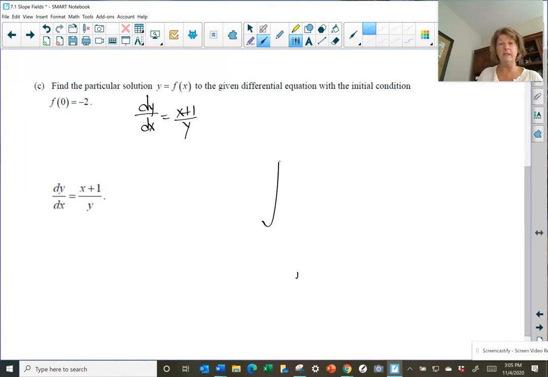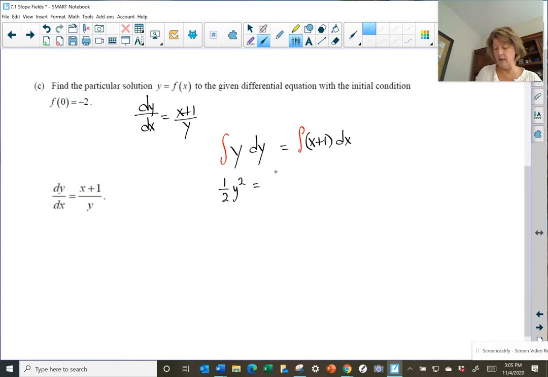So for this particular problem, I'm simply going to multiply by y and bring it up. So I'm going to have y dy equals (x plus 1) multiplied by dx. You can go ahead and plop your integral symbol on there. Now we're going to integrate both sides. That's going to be 1/2 y squared equals 1/2 x squared plus x plus c.